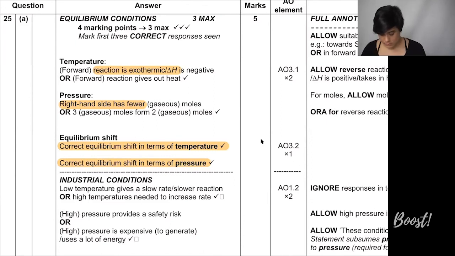Industrial conditions, we talked about the low temperature would give a slow rate or a slower reaction, or we might use a high temperature to increase the rate. And then we talked about the potential of a safety risk, or that it might be too expensive to use a lot of energy. So again, referring back to those main points of yield, rate, safety, and economics when we're talking about factors in industrial conditions.